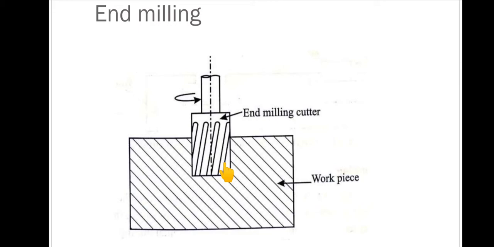The cutter is called an end mill cutter. It has cutting teeth, you can see here, on the surface and also at the bottom end. If you feed the workpiece against the rotating spindle, we can produce the slots.